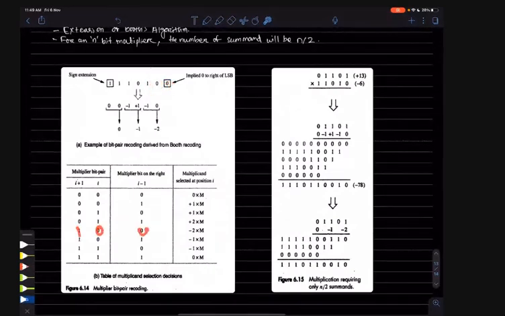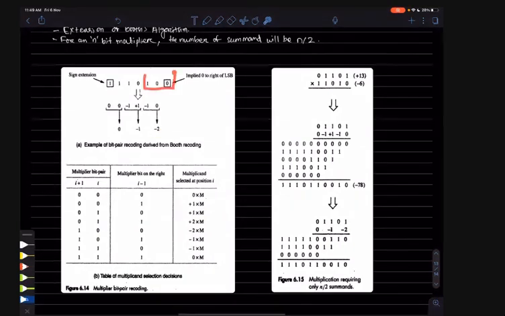This one, 1 0 0, so it will be recoded as minus 2. Whenever we get the 3 bits 1 0 0, it will be -2.